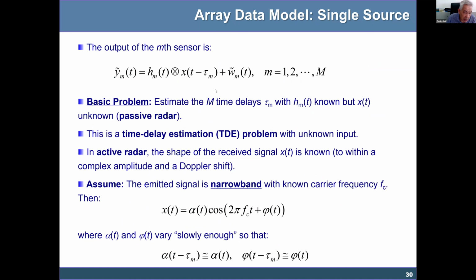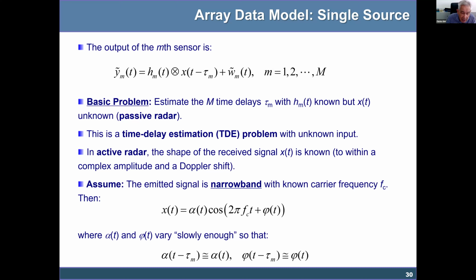So x of t minus tau m is the signal received at the input of the M sensor. If the M sensor behaves like a linear time invariant filter, as you know, the output of the M sensor, so at the output of the M array, of the M antenna element, is the linear convolution between the input signal and the impulse response of the sensor.